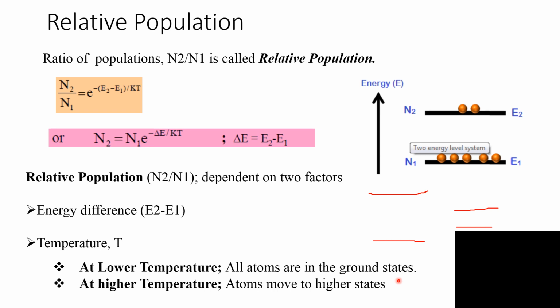But as we increase the temperature, they move to the upper state because they get kinetic energy. The population will increase further if the energy level difference is low. I think you have got that point. If you feel any difficulty, you can tell me.